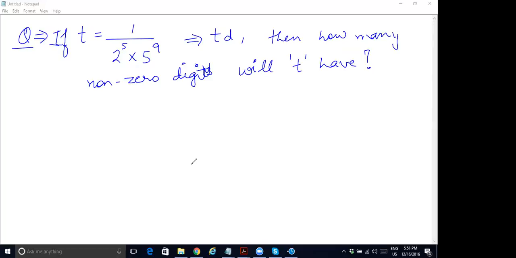So 2 to the power of 5 into 5 to the power of 5 gives 10 to the 5, and don't we have 5 to the power of 4 that's remaining? That is correct. So 10 to the 5 into 5 to the 4.